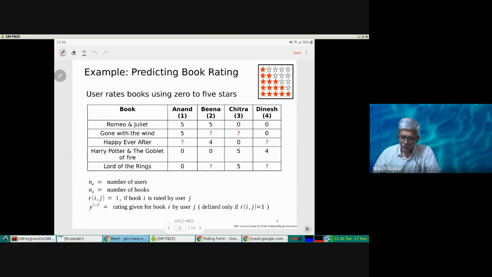So we are considering only 5 books, Romeo and Juliet and so on. And the shop, again for simplicity, has 4 buyers or users: A, B, C, D, Anand, Bina, Chitra, and Dinesh. So these are the 4 users.